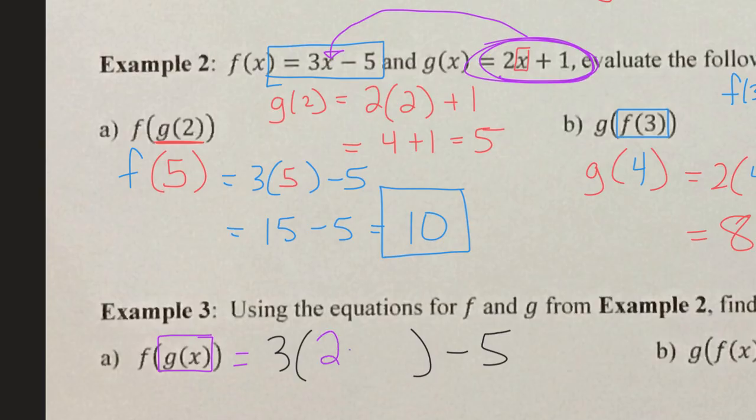So in this case, I am given 2x plus 1 because that's what my g function is. My g is 2x plus 1. So I simply have to simplify this, right? I distribute: 6x plus 3 minus 5 simplifies to 6x minus 2.